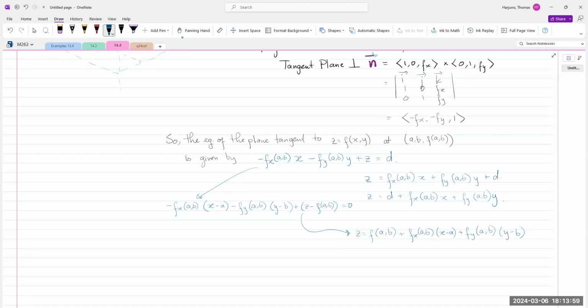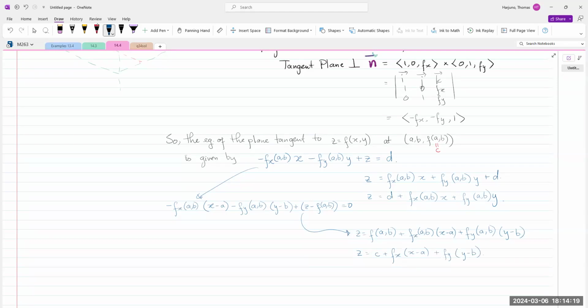If we call this constant C, then our function will be z equals C plus f sub x times x minus a, ignoring the (a,b) for now, plus f sub y times y minus b.